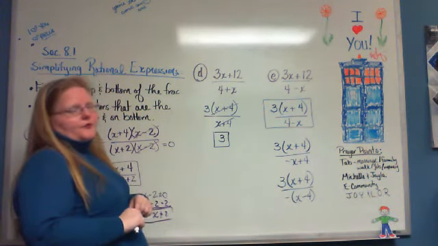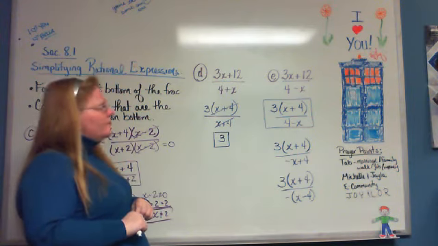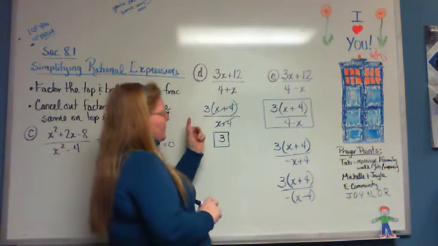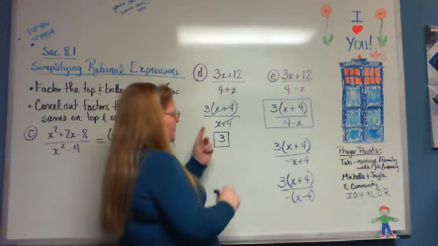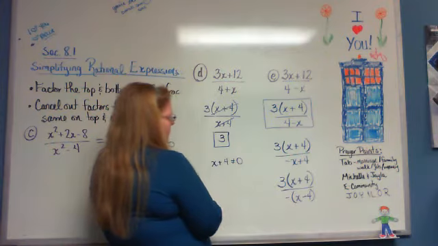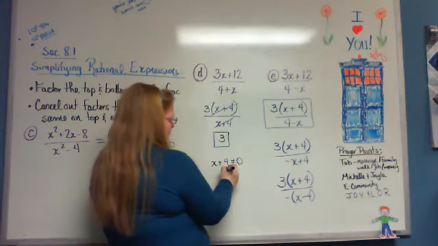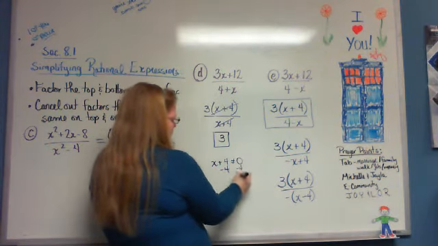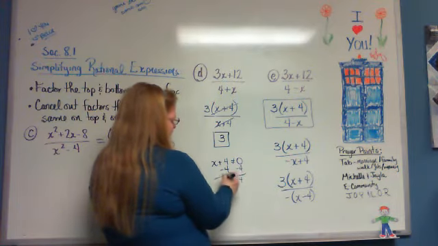However, we still have to find the restrictions. So for my restrictions here, in order to find out what x can't be, I set the bottom equal to 0. And we get that x cannot equal negative 4.